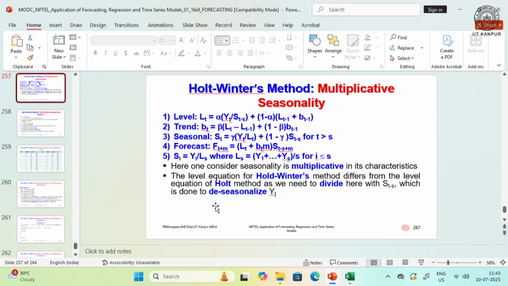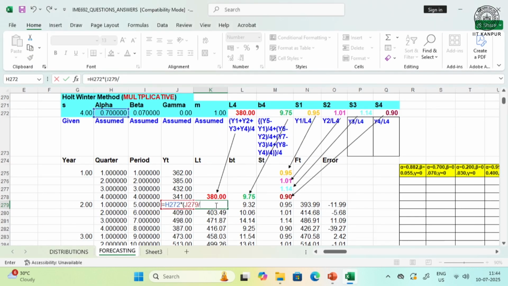So, the seasonality component would be t minus 4. If I am trying to find for the fifth time period, I will go four steps backwards. Four steps backwards would be given by S1.